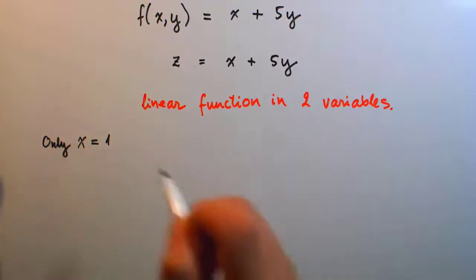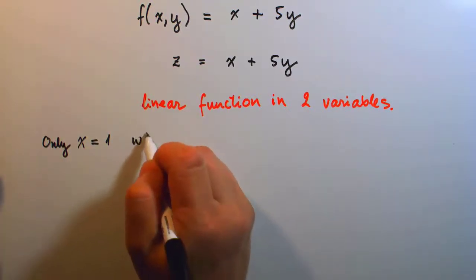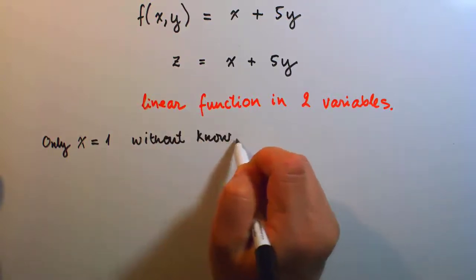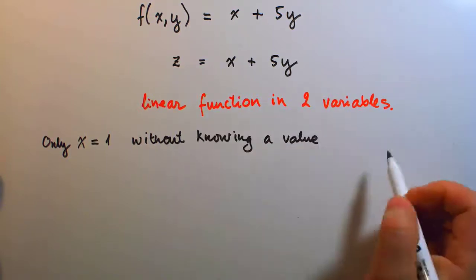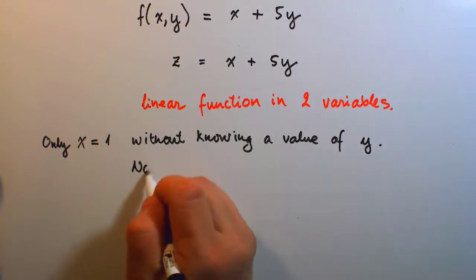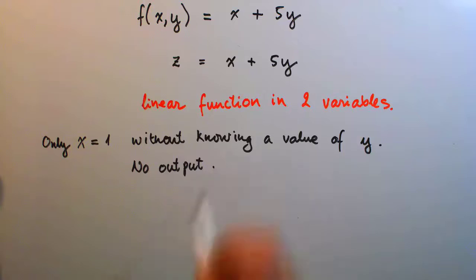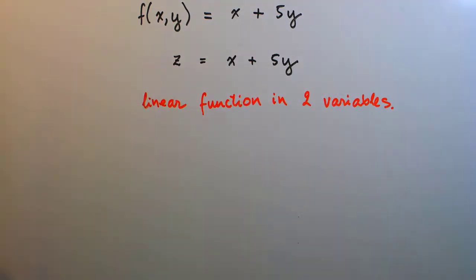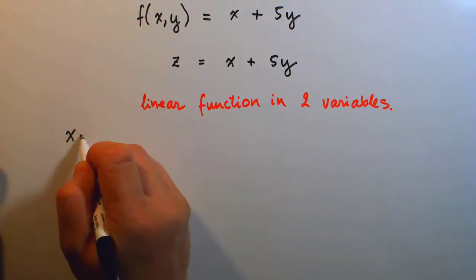So if we only know x equals 1 without knowing the value of y, then we won't get an output. And so to get an output, we need to know both values of x and y.